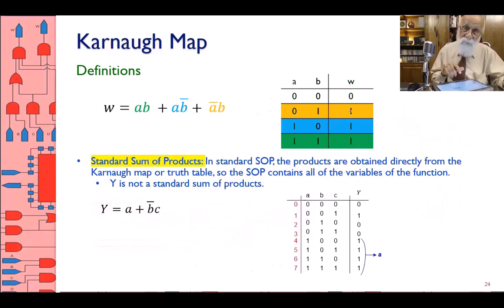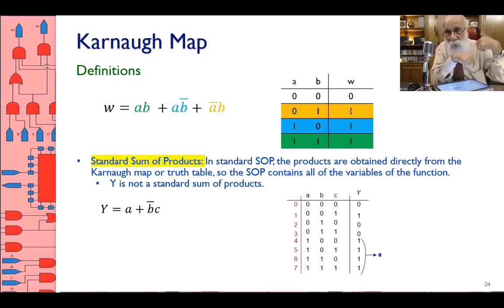It turns out the sum of product I have shown you so far is also a standard sum of product. Anytime you have a sum of product where each product term is a minterm, that is also called standard sum of product. Standard sum of product means that there is absolutely no other way you can represent it.